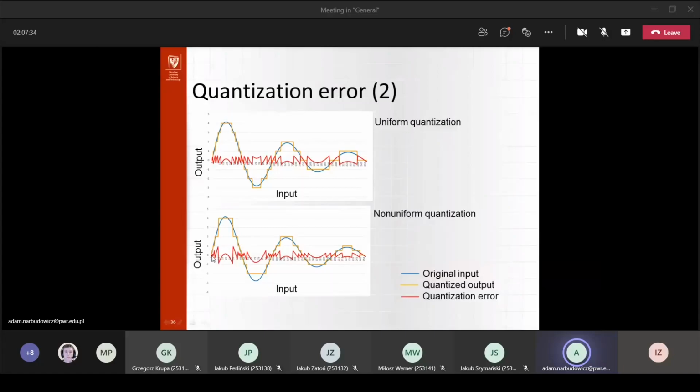Here we simply have one quantization step at each level: 1, 2, 3, and 4. Whereas for non-uniform quantization, we have one step over here, which is half. Then the next steps are 1, 2, and 4.